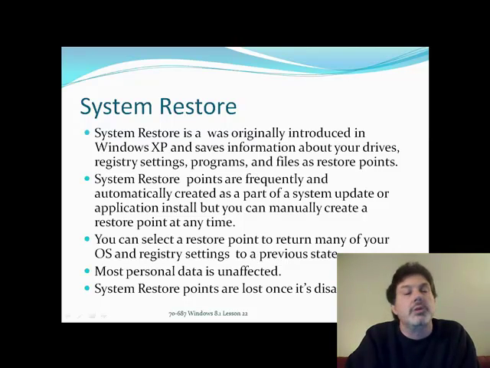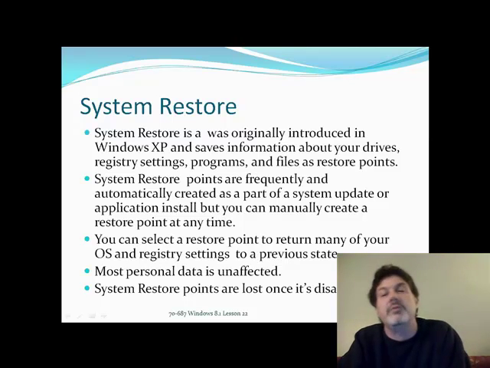Generally speaking, I think the default automatic restore point for system restore is 7 days. So if nothing eventful is going on in the system, every 7 days a restore point will be created automatically for you as part of that default process. Now, you can select a restore point at any time to return many of the operating system and registry settings to that previous state.